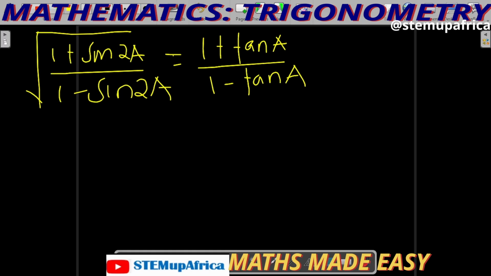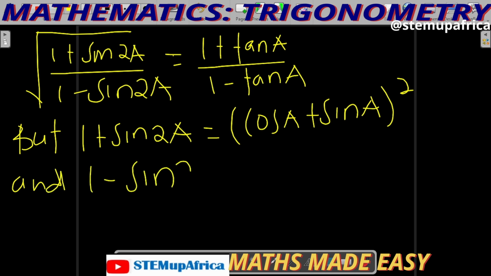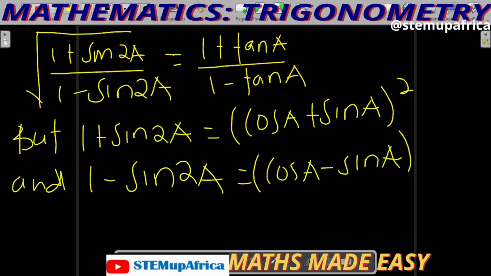So we have gotten an expression before, let's recall: 1 plus sine 2A is what we got as cos A plus sine A all squared, and also 1 minus sine 2A was what? Cos A minus sine A all squared.